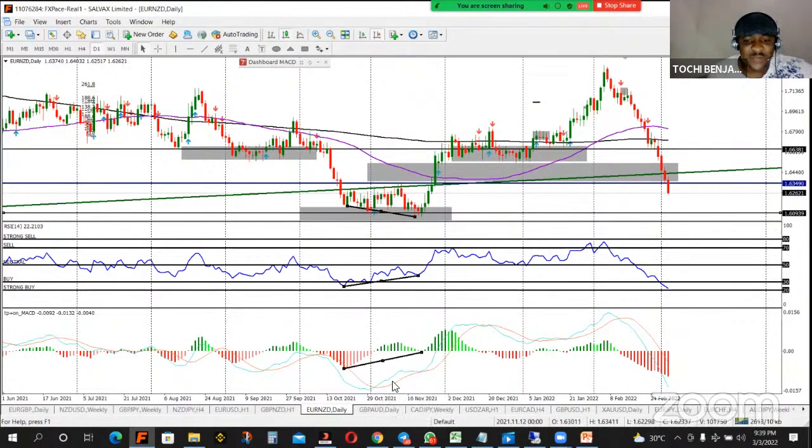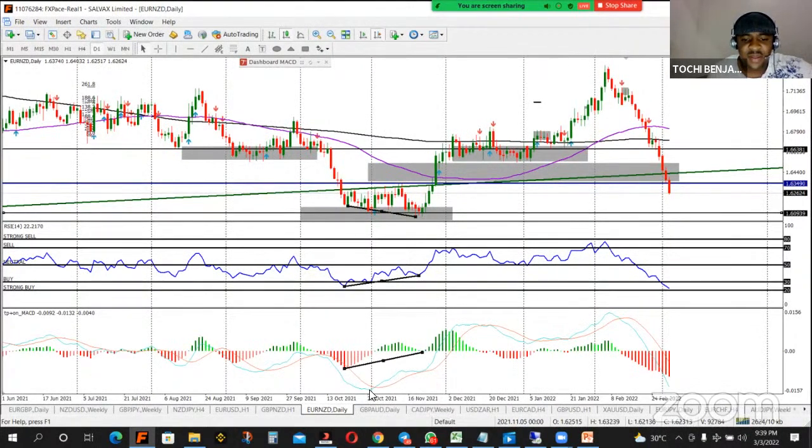Once the MACD, which is the fastest line, crosses the signal line from below, it's just like the moving average crossover we did on our chart. It's the same thing. Once the MACD line crosses the signal line from below, it's a buy bias.